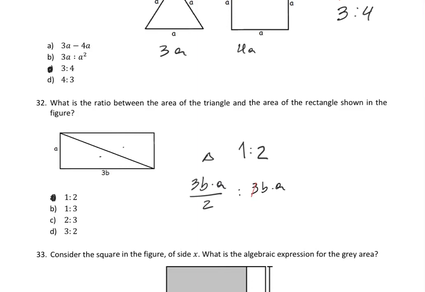Yes, of course. 3 with this, b and b, a and a. And what are you left with? You have 1/2 to 1. Now, that is not one of the alternatives, so we can multiply by 2, and this becomes 1 to 2. So yet again, the answer is 1 to 2.